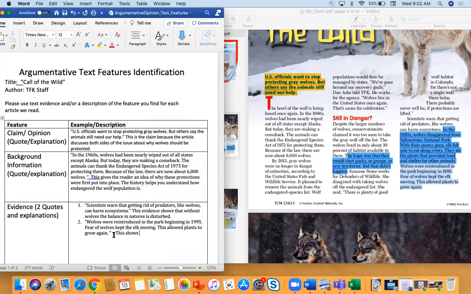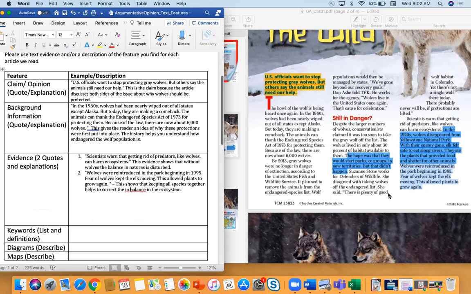This shows that keeping all species together helps to correct the imbalance in the ecosystem. I think ecosystem could be a key word, right?